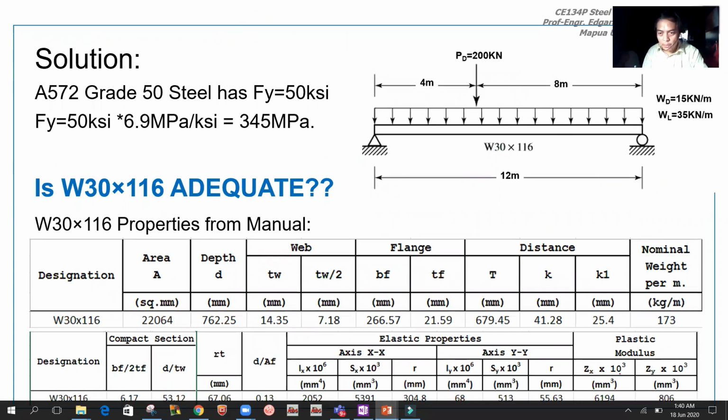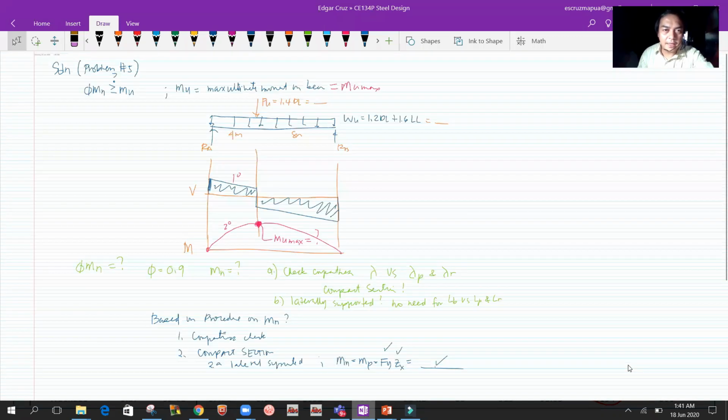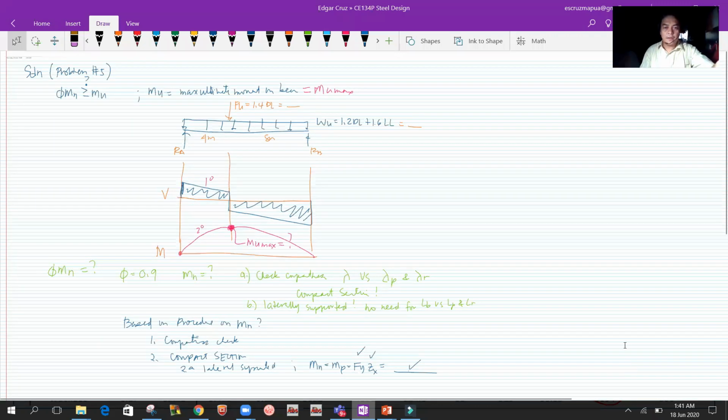Ito, sa manual, ito yung ZX. Okay, so given naman sa still manual yung ZX, so hindi ka na magsasolve ng ZX. O, edi yun na. So based from that, alam mo yung FY, alam mo yung ZX, edi may sagot ka rito sa MN. Okay, so tapos ka na. So i-substitute mo lang lahat yan sa equation.